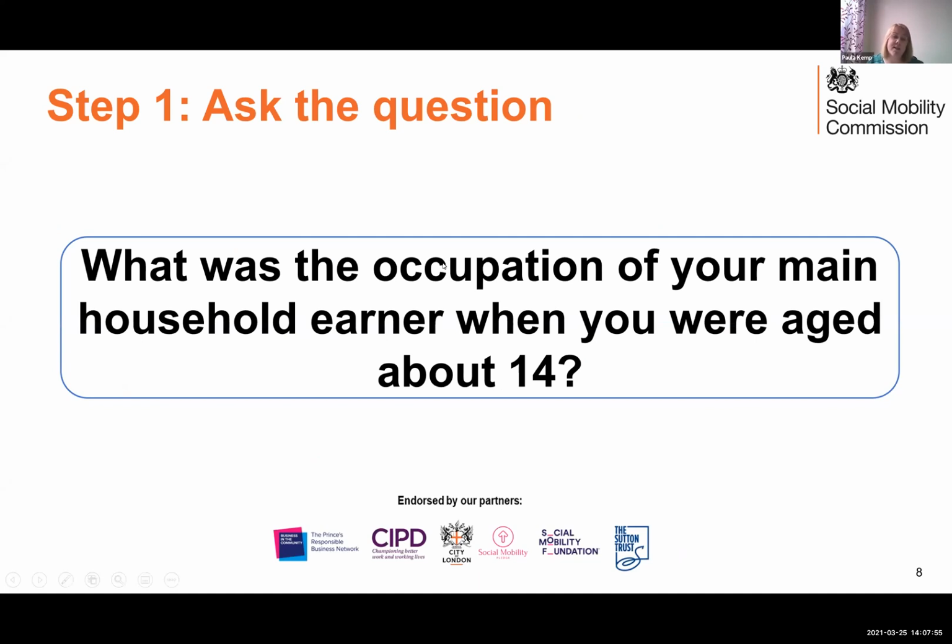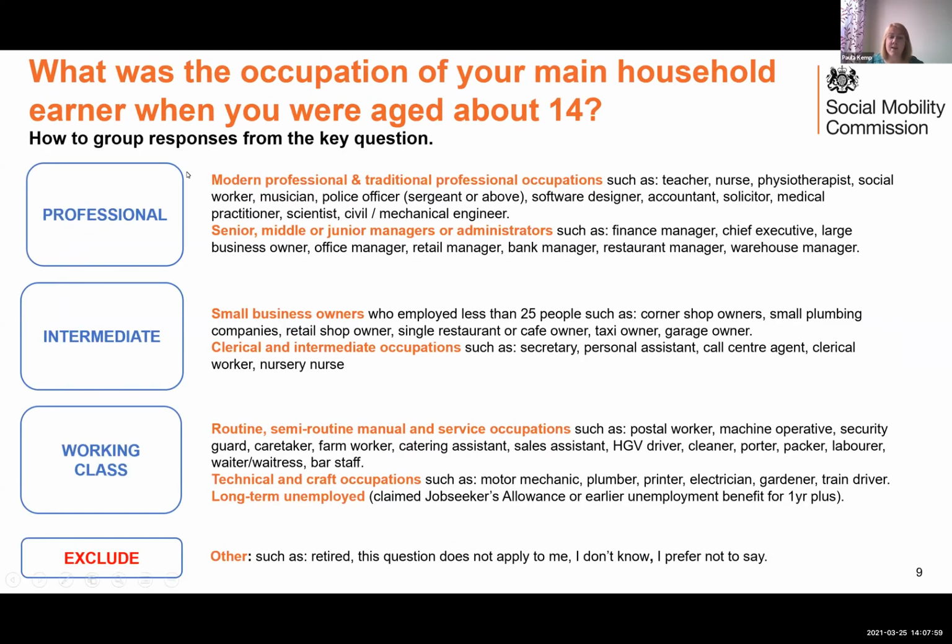And the responses to those then lead us to 3 main professional groups. So you would have professional groups, intermediate groups, and those in the working class. And the option for using this just helps simplify the opportunity to actually start to dive a bit deeper and ask the question of your employees.